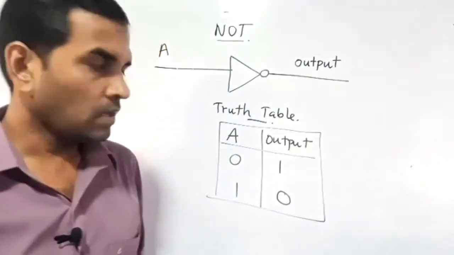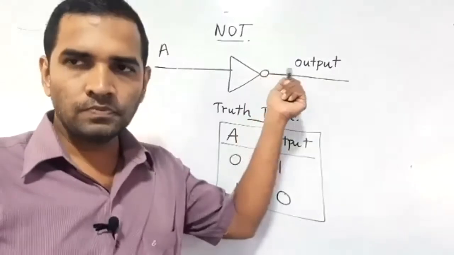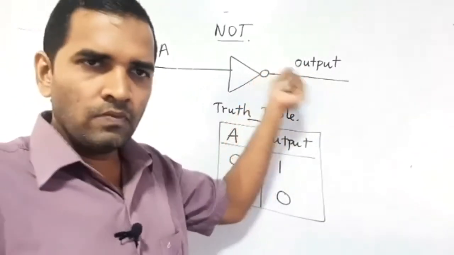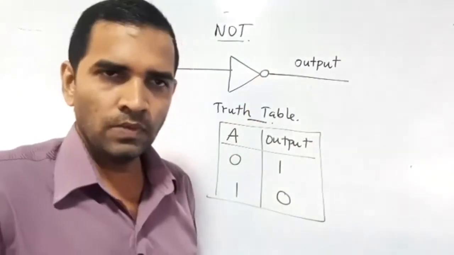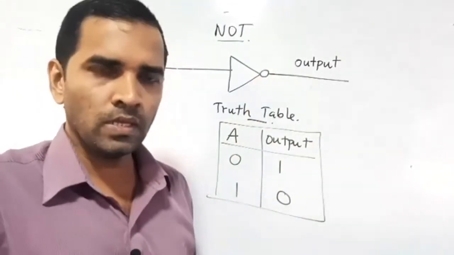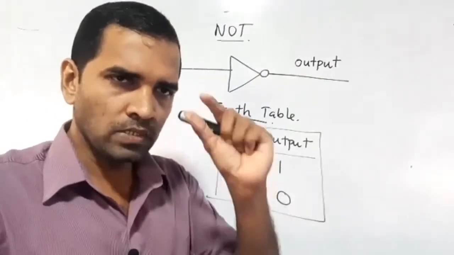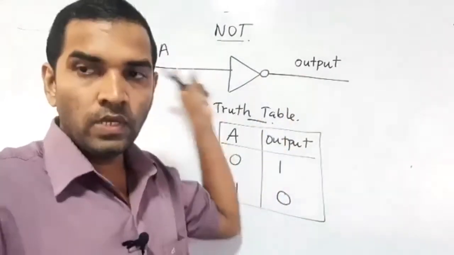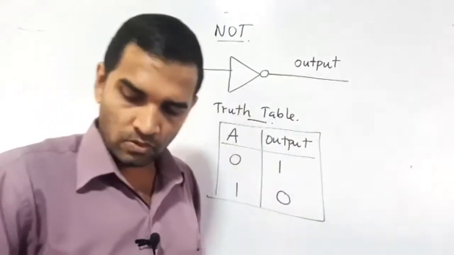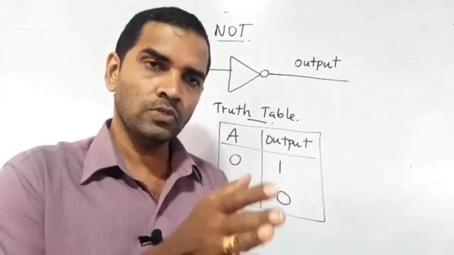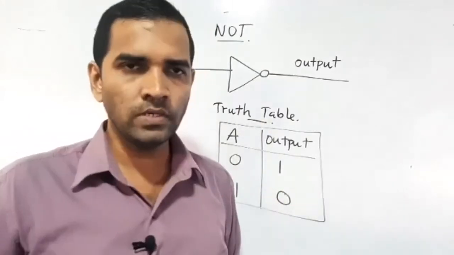Look, one more thing. Check this again. Again, the word output is not the suitable one. The reason has already been given, because output is a common word. So you have to specify the output of the NOT gate when the input is A, right? So look at the way the outputs of the AND gate and OR gate were written.